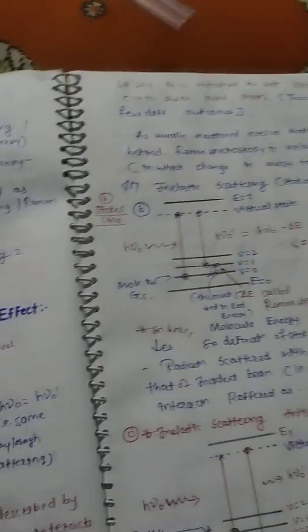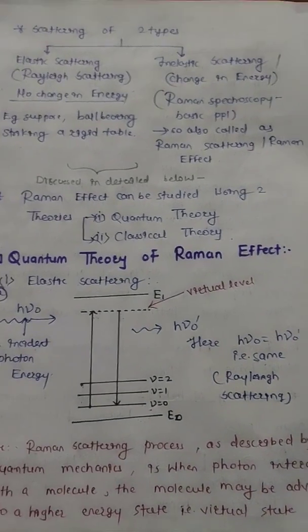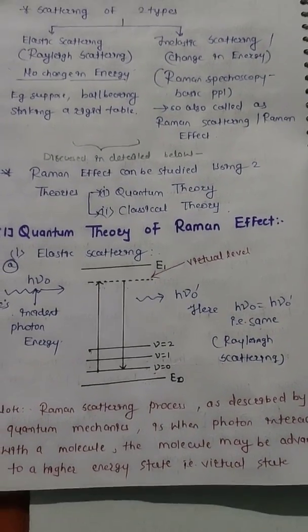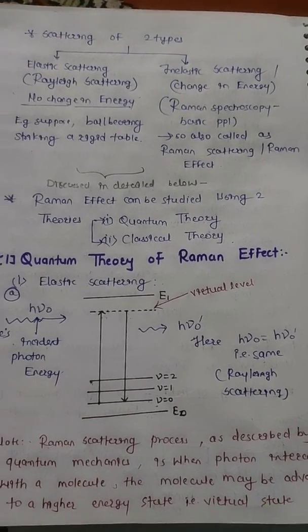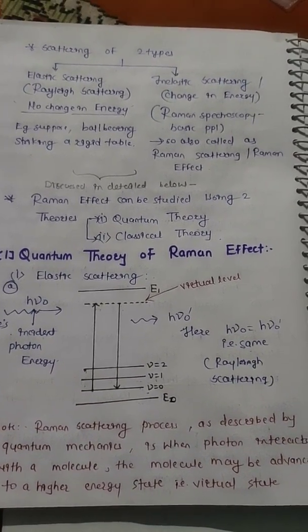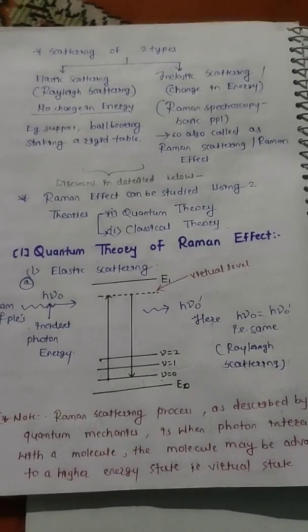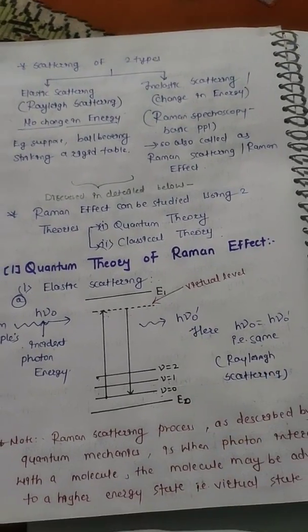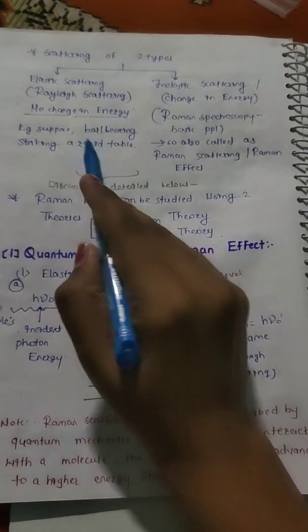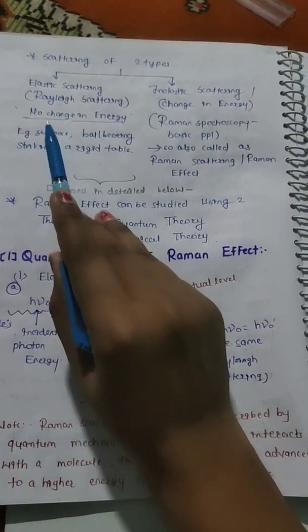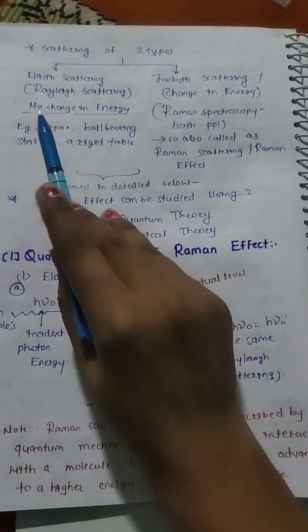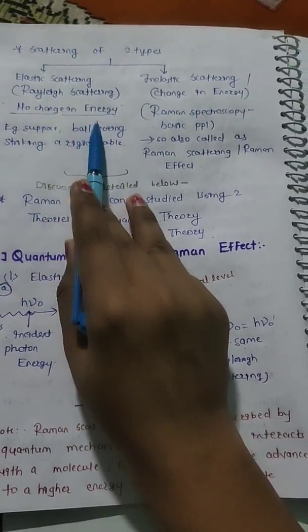There are two major types of scattering, that is elastic scattering and inelastic scattering. What is elastic scattering? In short, I briefly discuss here. Elastic scattering means there is no change in energy.